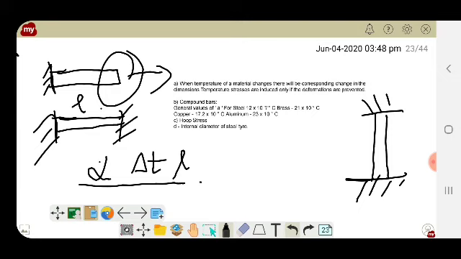This is the delta L term. This delta L term can be equated to the other delta L term, and we know some stresses are induced in the bar, given by sigma.